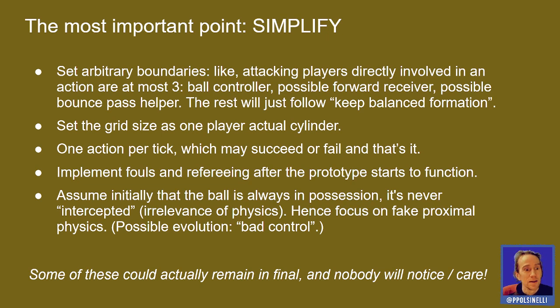Another simplification: set the grid size so that each cell is as big as 1 player. So there's always 1 player in one grid cell. And for every player in each tick can only decide one action, which may succeed or fail. Don't implement fouls and refereeing at the start.